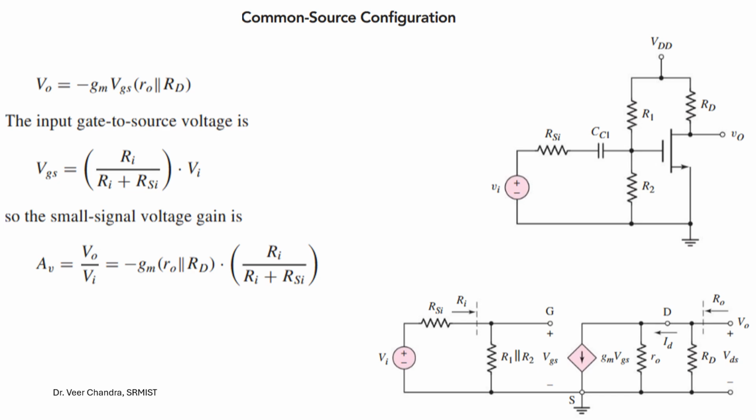Then RD is in parallel with r0, since we are going to collect the output across this, and on the input side R1 and R2 are in parallel, and RSI is in series with the voltage source. So finally the gain V out by V in is equal to minus gm times r0 parallel to RD, into RI divided by RI plus RSI.